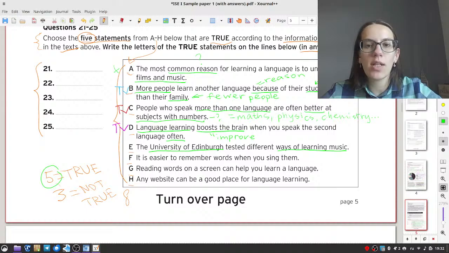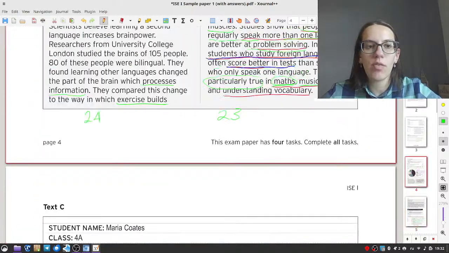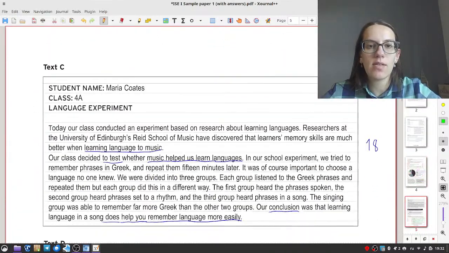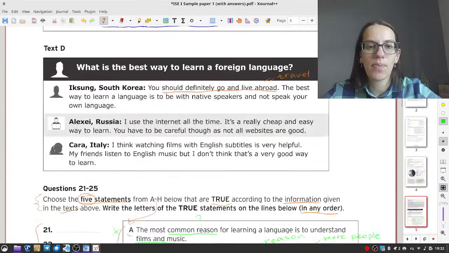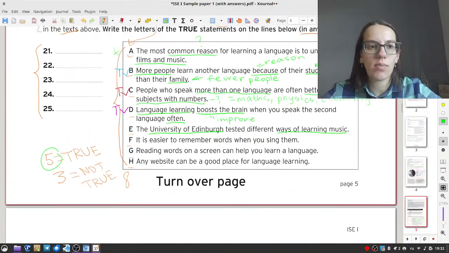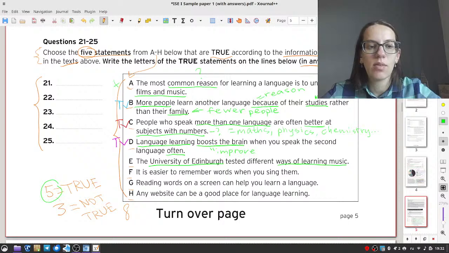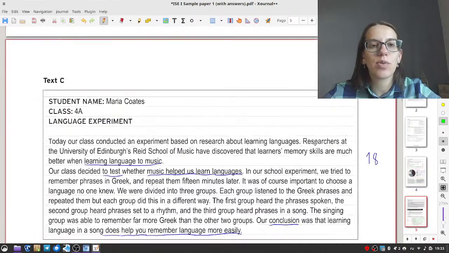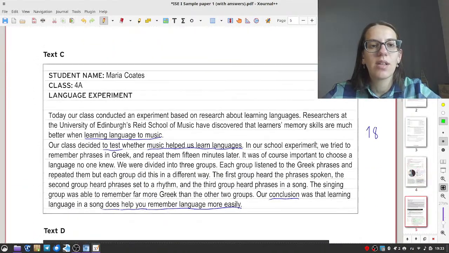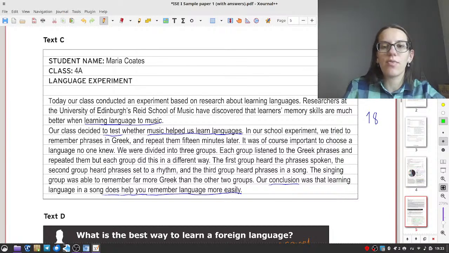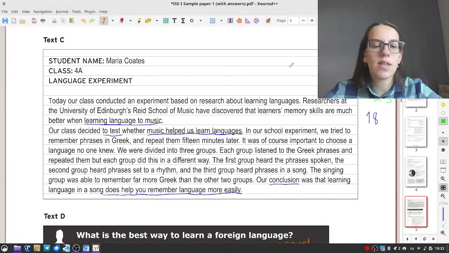Well, there was only one text which talked about the University of Edinburgh, and this is text C. So one of those questions from 21 to 25, let's for example say 25, they refer to text C.